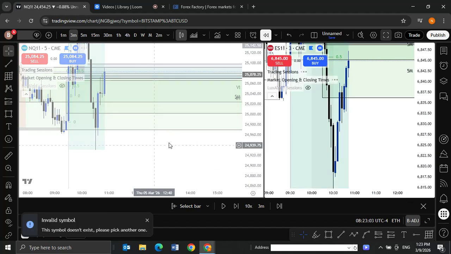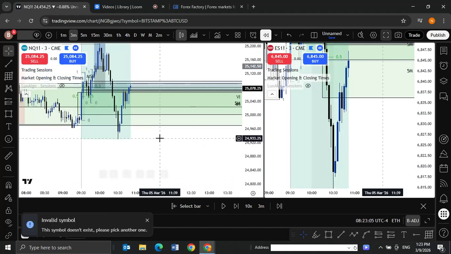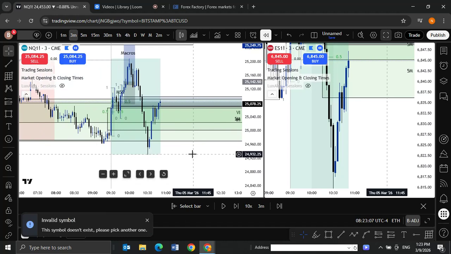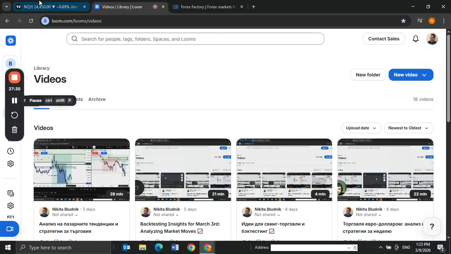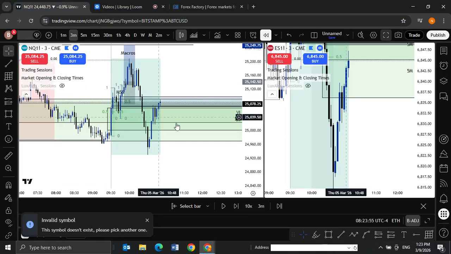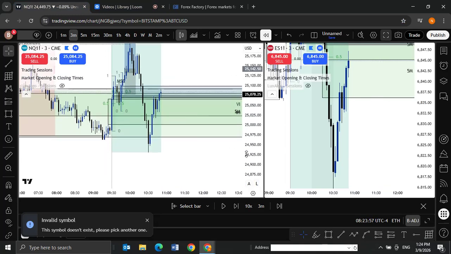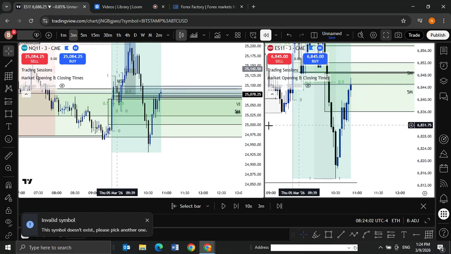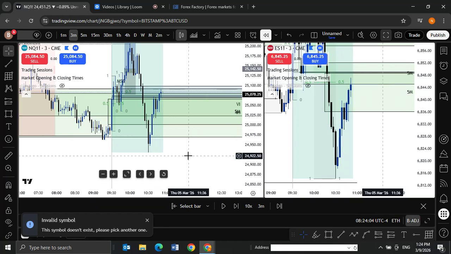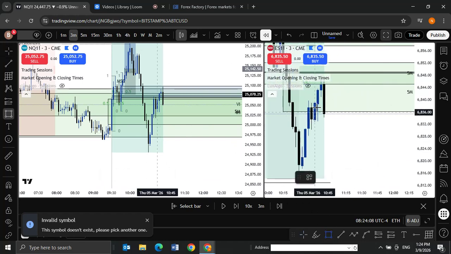Price comes back exactly into the 50% zone. Okay, so everybody tries to distract me today. That's funny. So I see that price comes back into this 50% zone perfectly. At this point, I want to see price going lower. I see this displacement. This is a nice displacement.